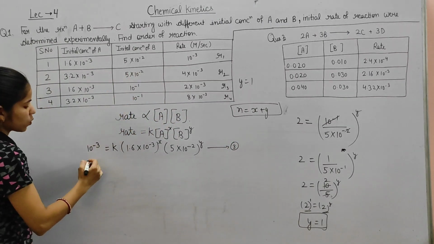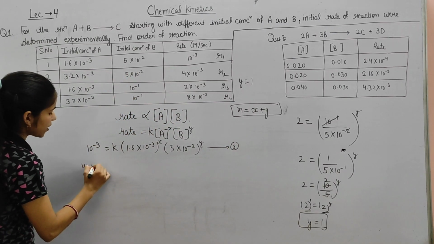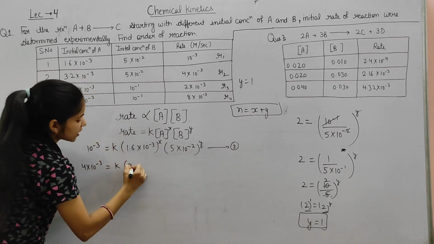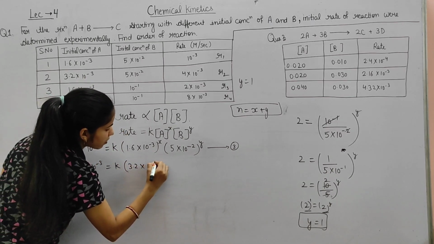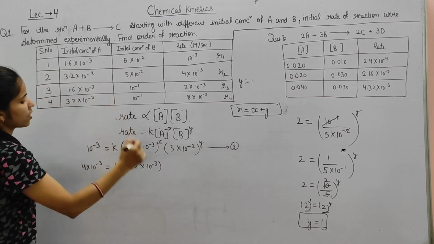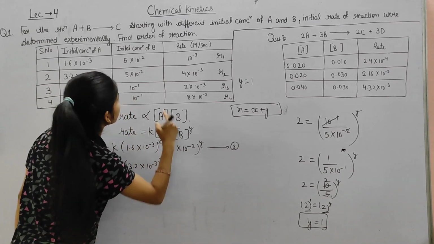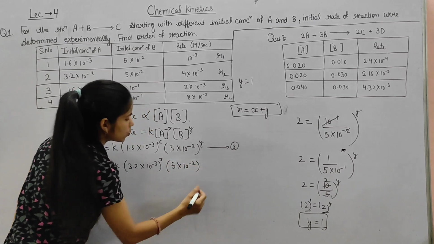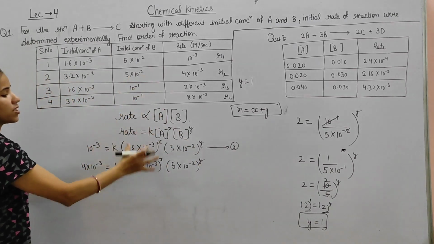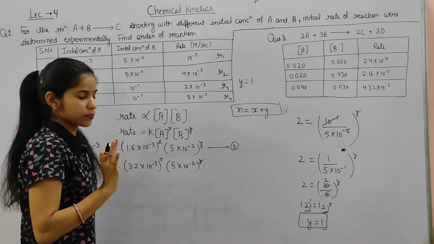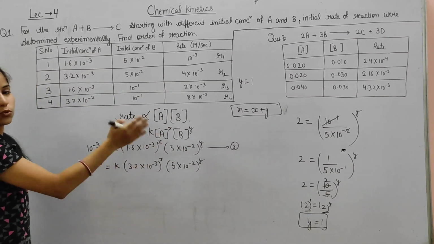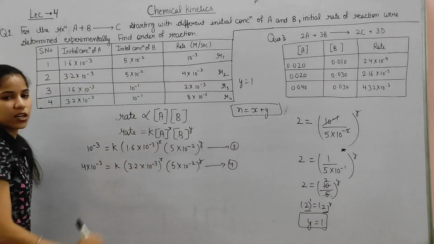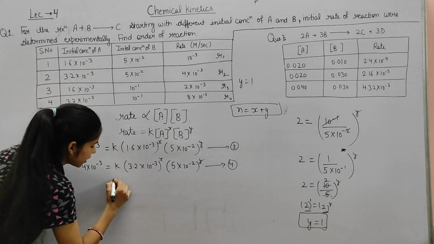Now this equation: 4 × 10^-3 equals k (3.2 × 10^-3)^x, and there is (5 × 10^-2)^y. Simply we have to put these values in this equation. Clear? Now we have to solve this equation in exactly the same manner. This is equation number 4.